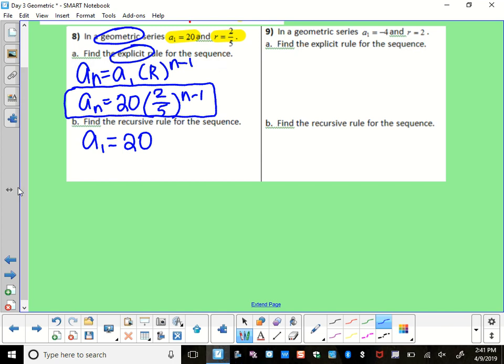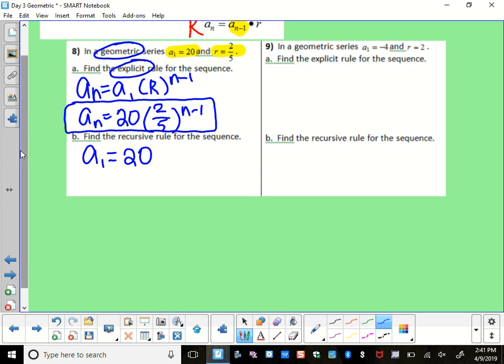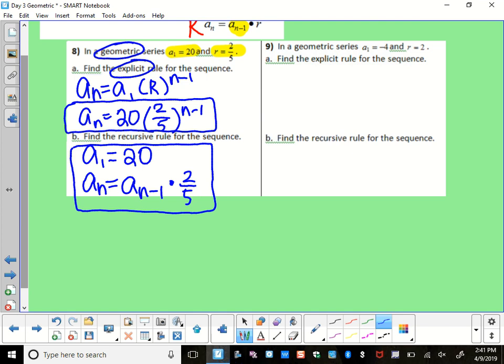And then I want you to just write the recursive rule. Your previous term, you're not plugging anything in for that, times your R, which is 2/5. You do not have to solve anything, you just have to know how to plug it in. If you guys have done that one, do number 9 on your own.